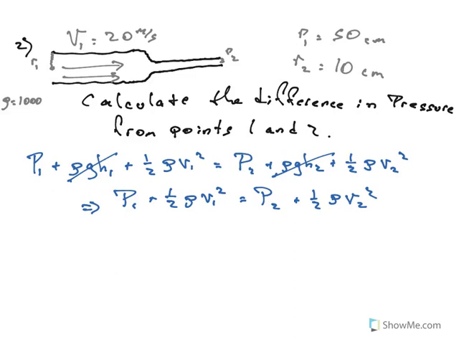So if I want to solve this problem, what I need to do is have P2 minus P1. I want the difference in pressures. So I'm going to bring P1 over to the right side, and I'm going to bring this term over to the left side.